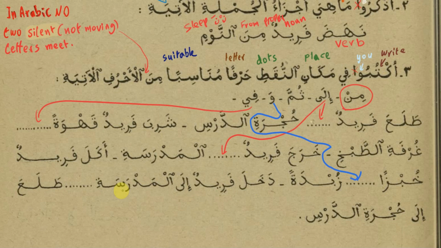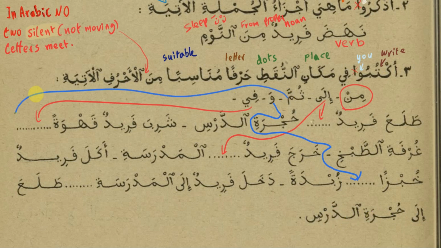دخل فريد إلى المدرسة. Here we can use ثم, then, because first this happened, he entered the school, then another thing happened, he went up to the study room. طلع إلى حجرة الدرس. طلع, he went up to the room of the study or the study room. حجرة الدرس, the study room.